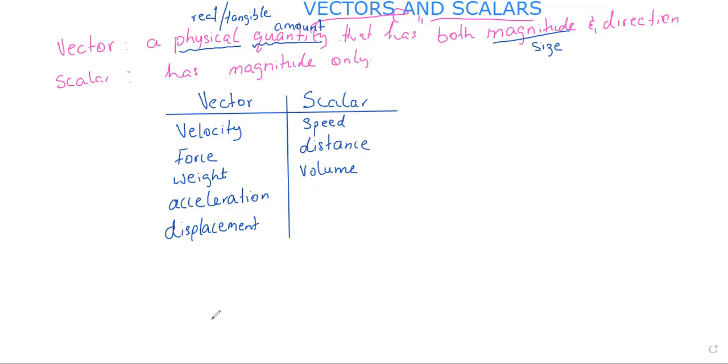It's also important to indicate the units: velocity is measured in meters per second, force is measured in Newton, the weight is also measured in Newton, acceleration in meters per second squared, displacement in meters or centimeters, speed in meters per second or kilometers per hour, distance in meters, volume in centimeters cubed or decimeters cubed.